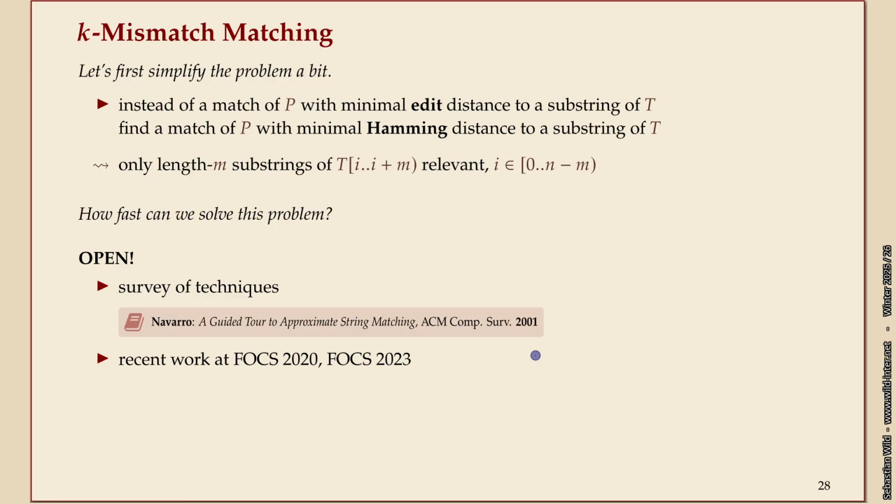Now, if you do matches with mismatches, or this is the k-Mismatch matching, if you do matches with Hamming distance, that's no longer so clear, right? It could be that you don't have a current match here, but there's a couple of characters where you don't know because the text might differ. And then it's much less clear how much to shift further.